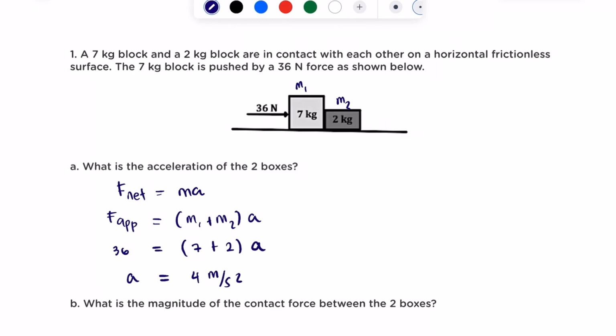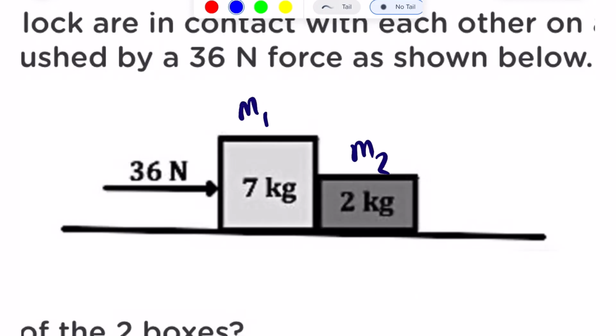Now for the second question, what is the magnitude of the contact force between the two boxes? Since these two objects, M1 and M2, are in contact with each other, we have the so-called contact force.